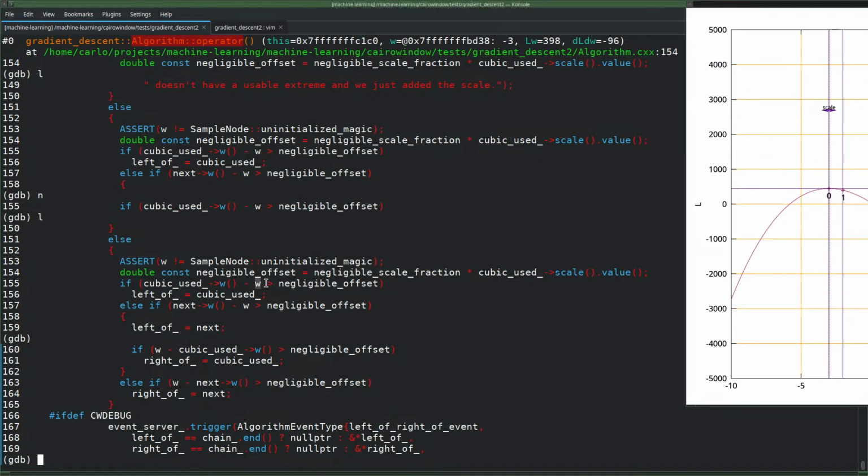So if the extreme is significantly less than that point, so if the 0 was actually a little bit to the right here, then W would be here, and the cubic used W value would be here. It's not larger than 0.